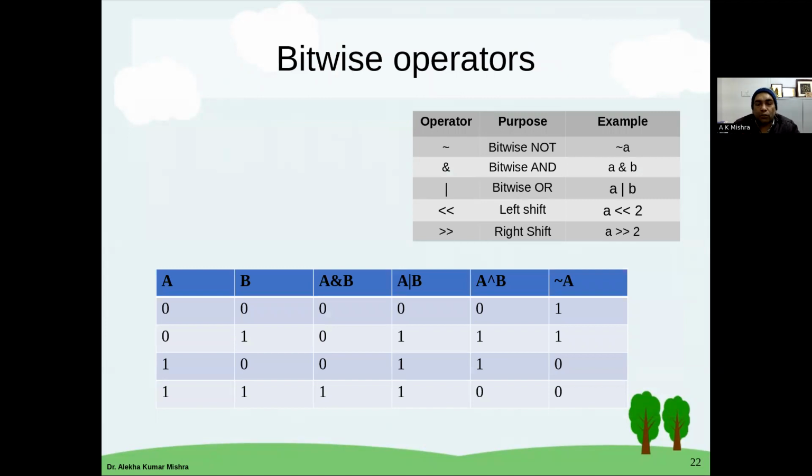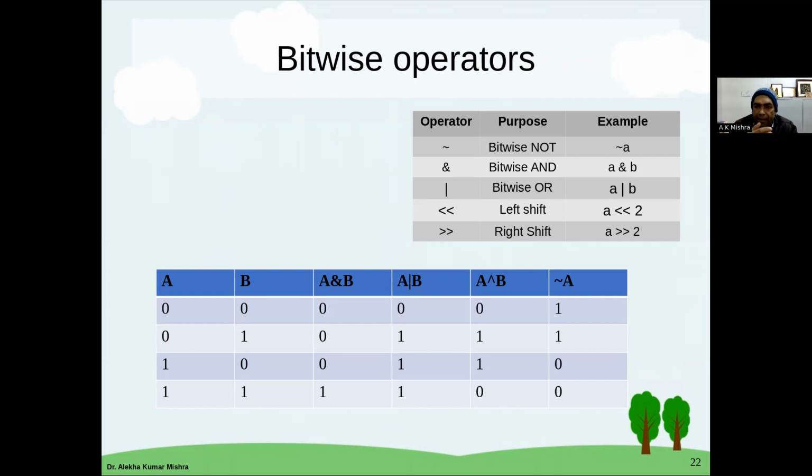Next, the bitwise operator. Bitwise operators are applied at the bit level, as we have already studied in our previous classes, that we represent everything, the integer value, everything, in bit format when stored in memory. So when we apply these bitwise operators, the operation is performed at the bit level.